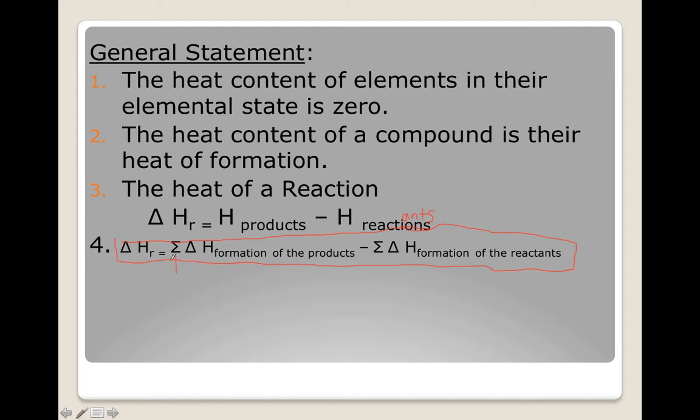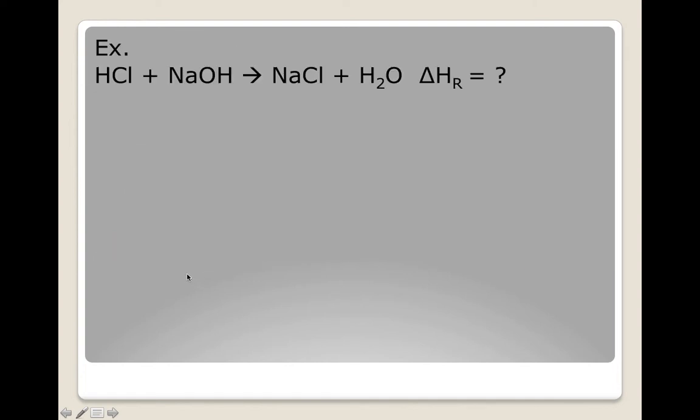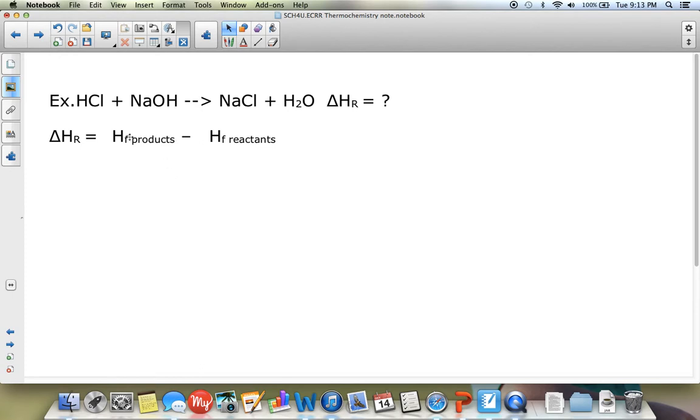And this guy here, that symbol means sum of. So let's practice writing out how you would determine the heat of a reaction if you're given something like this. So what we know is that the heat of reaction is equal to the heat of the products minus the heat of the reactants.